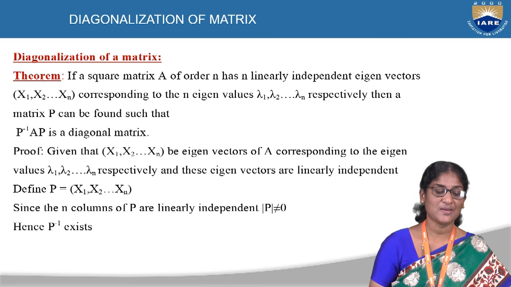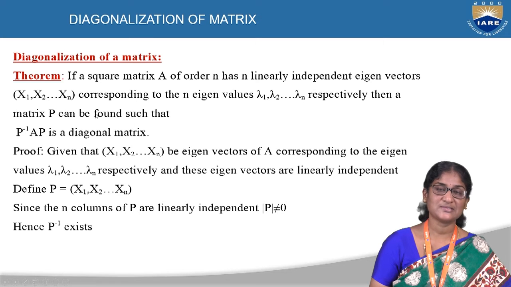I'll repeat once again, a matrix P can be found such that P inverse AP is a diagonal matrix. So here P is nothing but the set of eigenvectors.